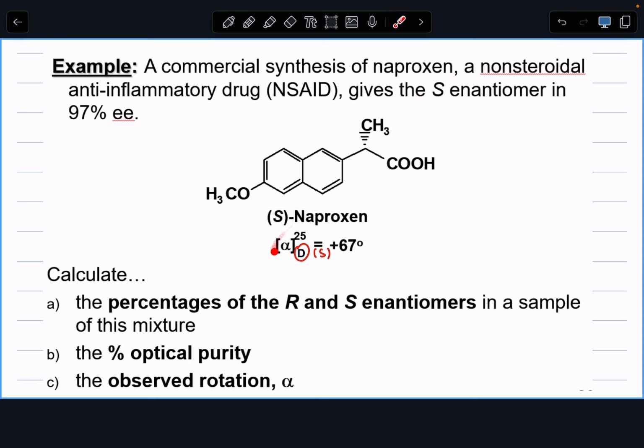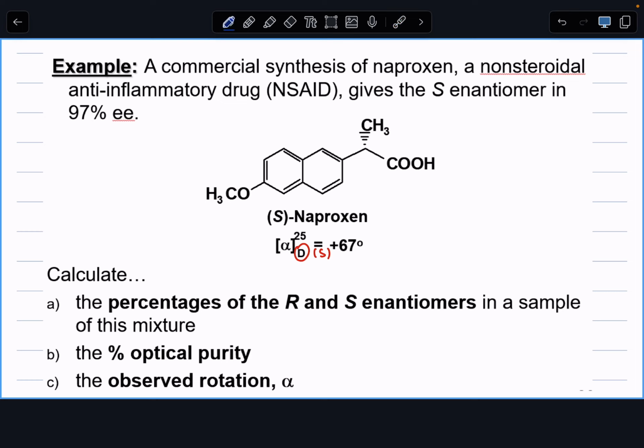We're also telling you the specific rotation is 67 degrees. So the question first is calculating the percentage of your R and S enantiomers in a sample of this mixture, which is 97% EE.